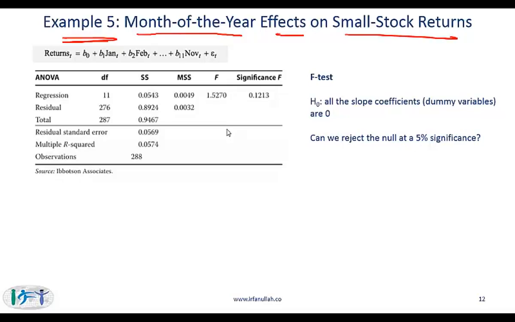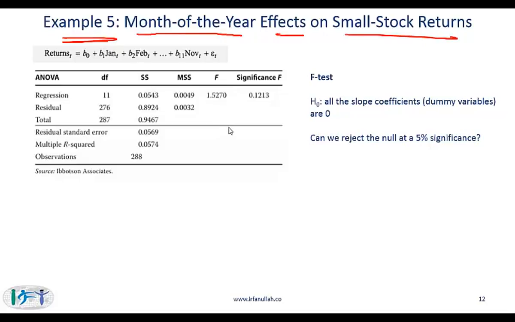We are evaluating whether the return on small stocks depends on the month. And if you get lucky here and you can show that in a given month the returns on small stocks are higher, then that can impact your trading behavior, right? So in your market, you try to run an analysis of whether the month has an impact on returns.